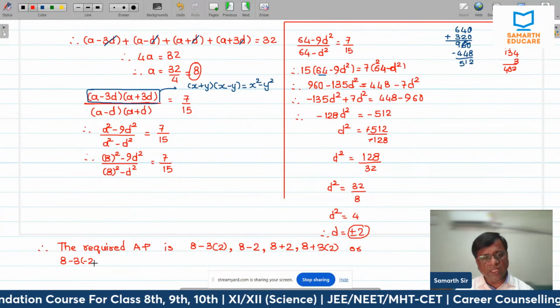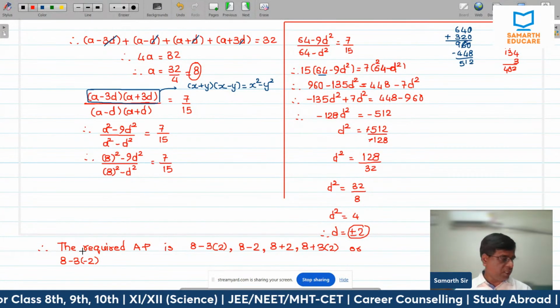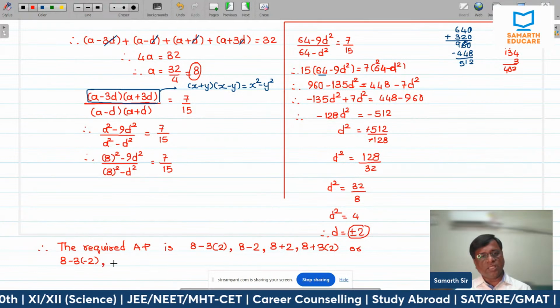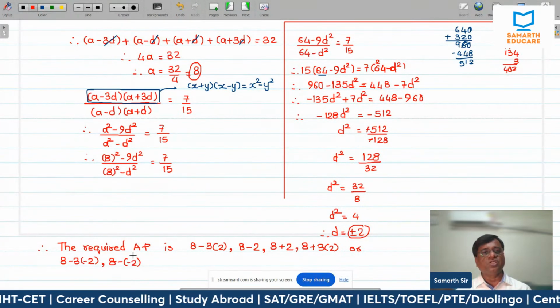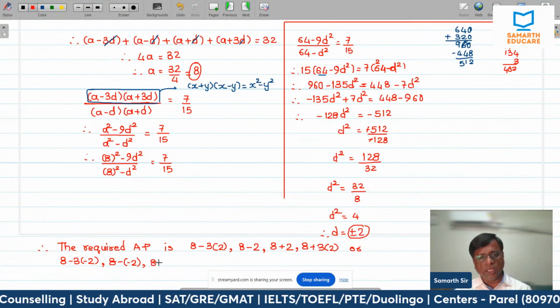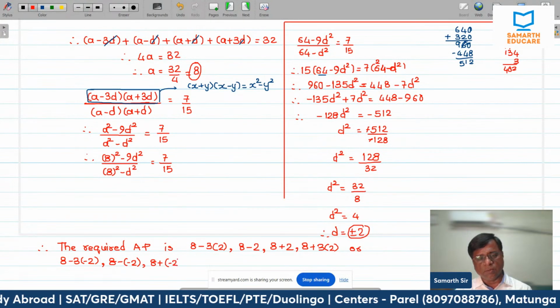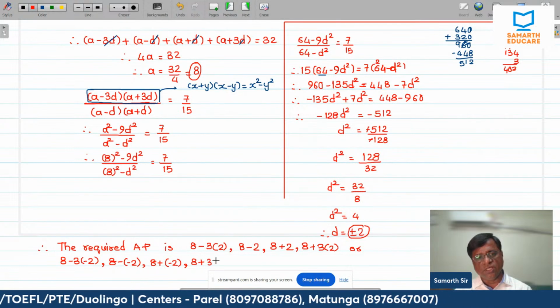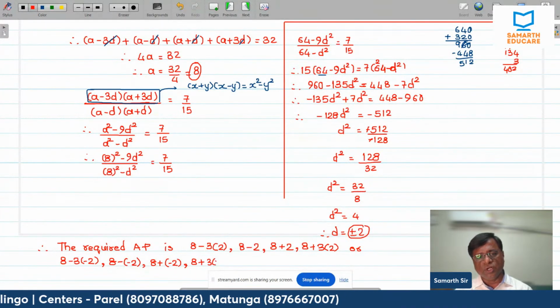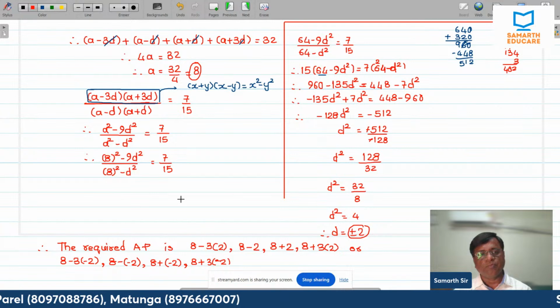Or the other possibility is A minus 3D. If I take the value of D as minus 2, I will have to consider that also. The next one is A minus D, but this time the D value is minus 2. The next one is A plus D. The next is A plus 3 into D, that is minus 2.